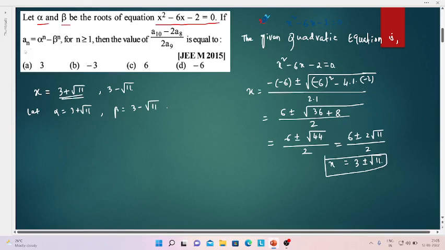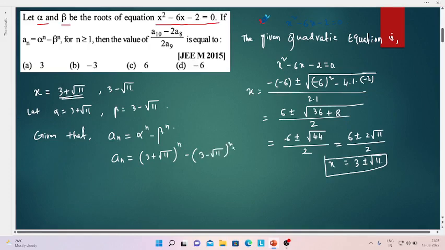And here it is given that an equals to alpha to the power n minus beta to the power n, right? So given that an equals to alpha to the power n minus beta to the power n, if we put the values of alpha and beta here, we will have an equals to 3 plus root 11 to the power n minus 3 minus root 11 to the power n, right?